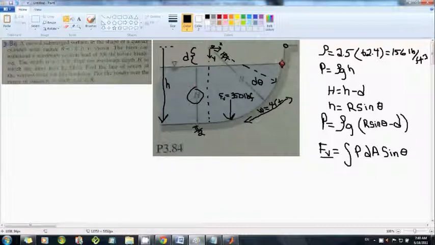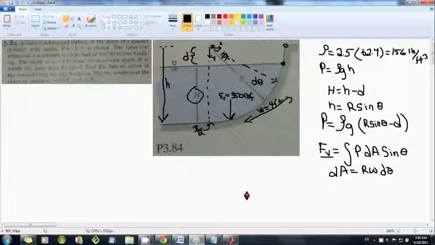So it'll be some point from here all the way to here, and of course this is pi over 2. So our area is really the arc length. The arc length is just r d theta times the width. So dA is r w d theta.